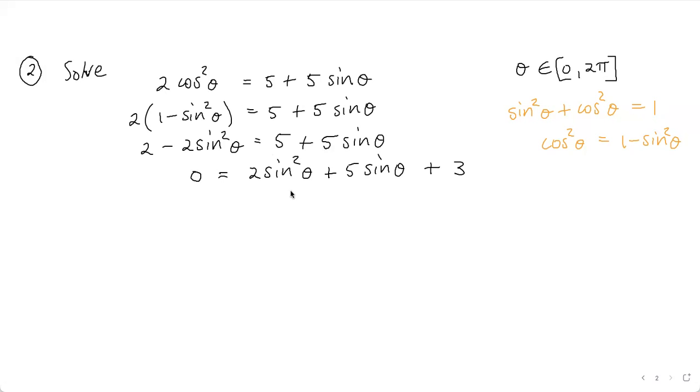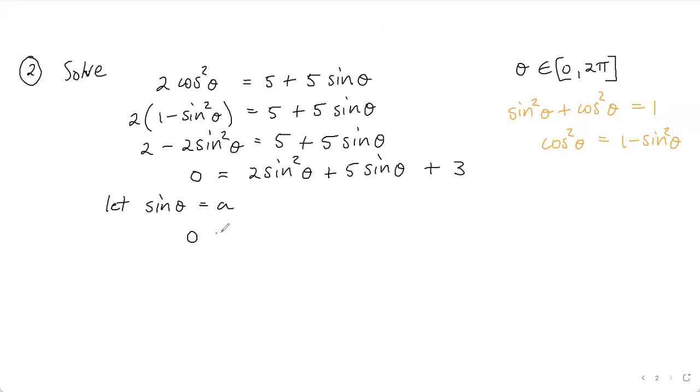Now notice we have a sine squared, we have a sine power 1 and then a constant. So you might recognize that we have a bit of a quadratic look about it here. So if we do a substitution, it'll make it easier to solve. So I'll go let sine theta equal a.